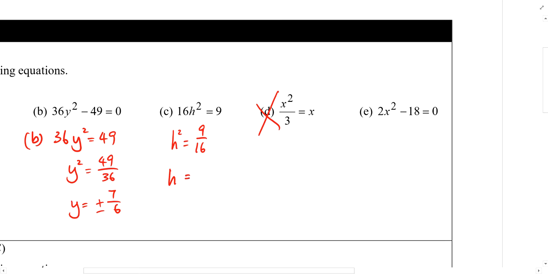So h equals? Wow, this one needs a calculator. Plus minus 3 over 4. Okay, correct. Now part E. Just now, where do we stop? We stop at part E, is it? Okay, Masha? Part E.